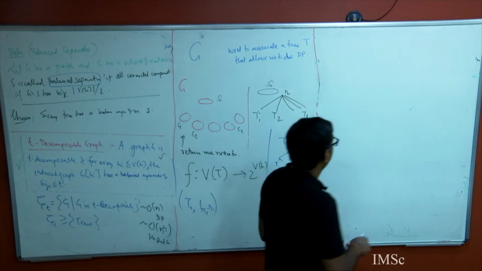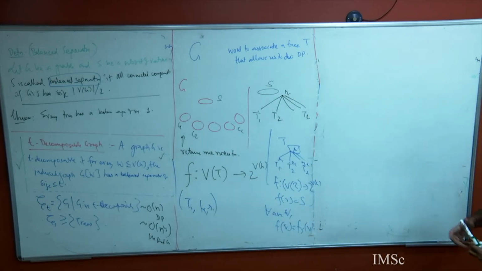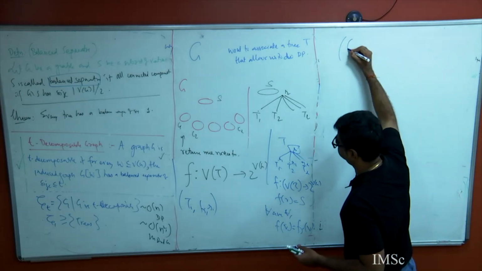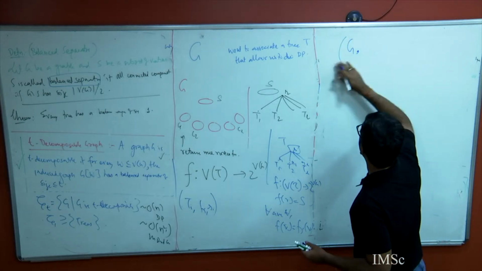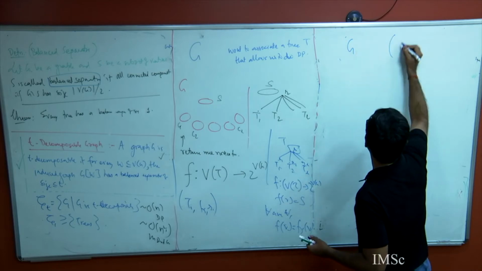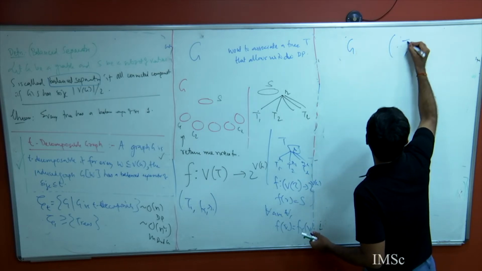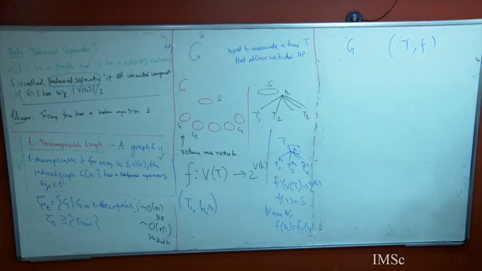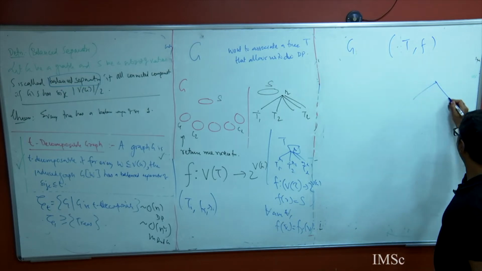So now I have a graph and a tree associated with it. Given a graph, I have associated a tree and a function.